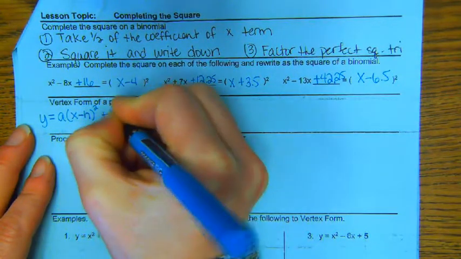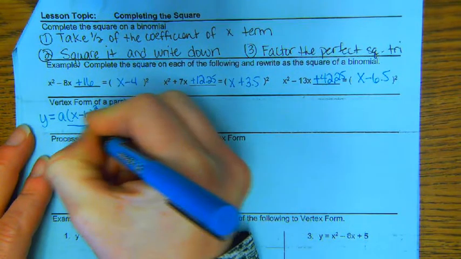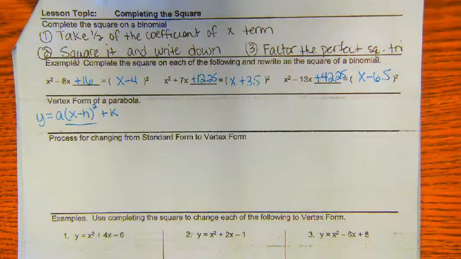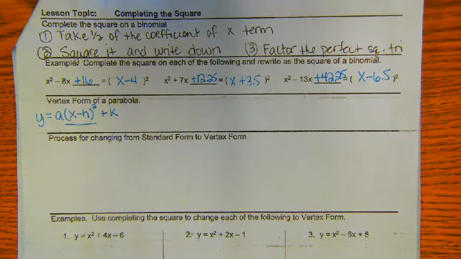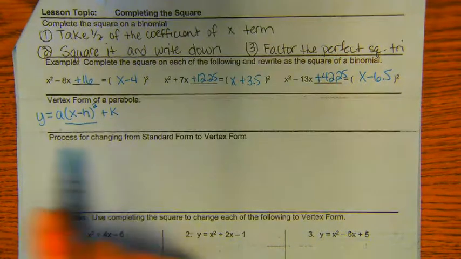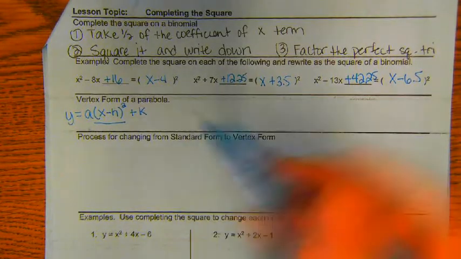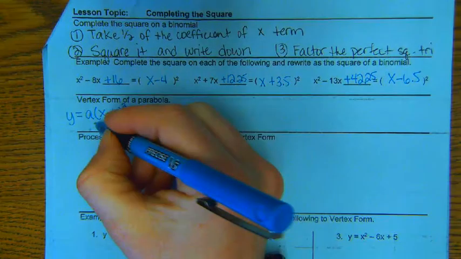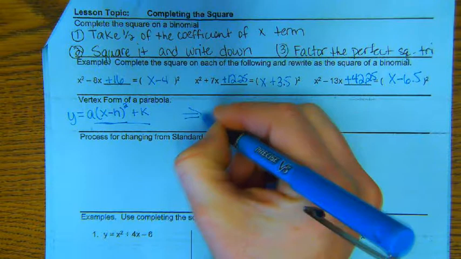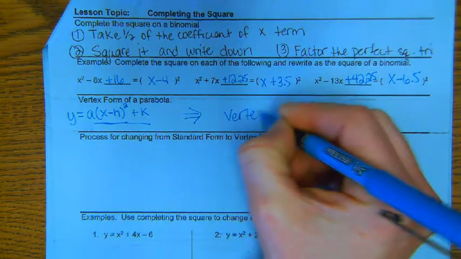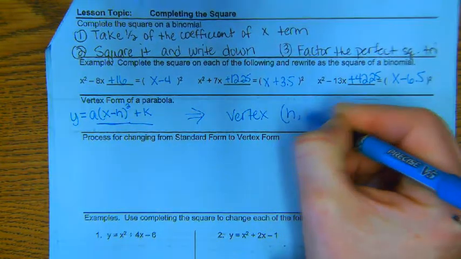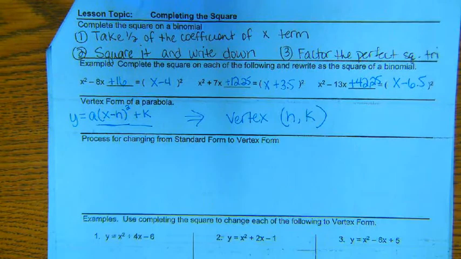But to get to vertex form, one of the pieces is I have to have an x minus, or it could be an x plus, correct? So vertex form of a parabola is a times x minus h squared plus k. Remind me again, what is the vertex of that then? Yep, so h comma k would be the vertex then.